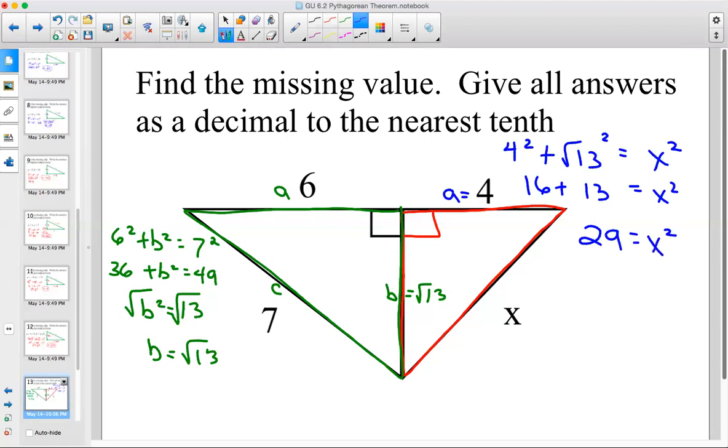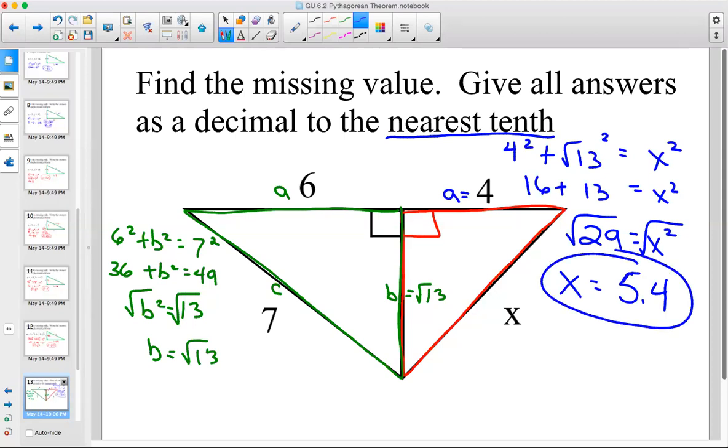So 29 equals x squared. To get my final answer, I'm going to take the square root of 29. And I get 5.385. Now we want it to the nearest tenth. Taking the square root of both sides, we get x equals 5.4.